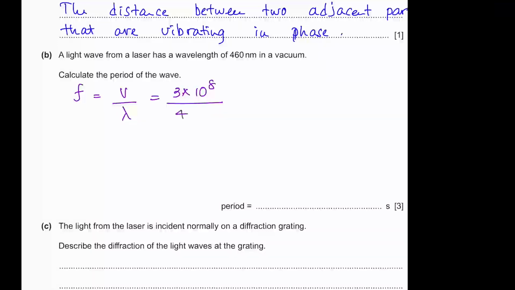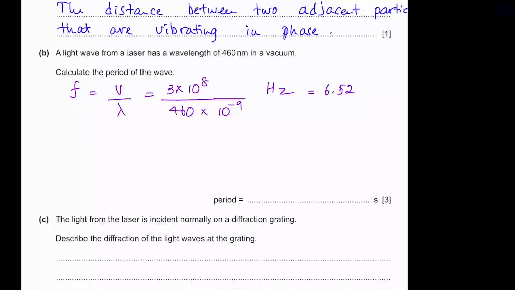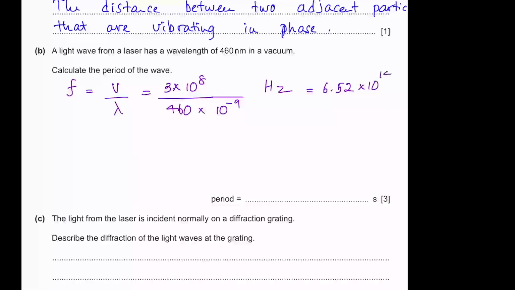Lambda is 460 nanometers, which is 460 times 10 to the power minus 9 meters. That gives the frequency as 6.52 times 10 to the power 14 hertz.